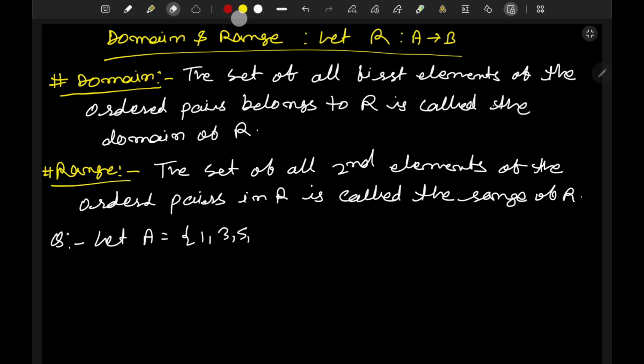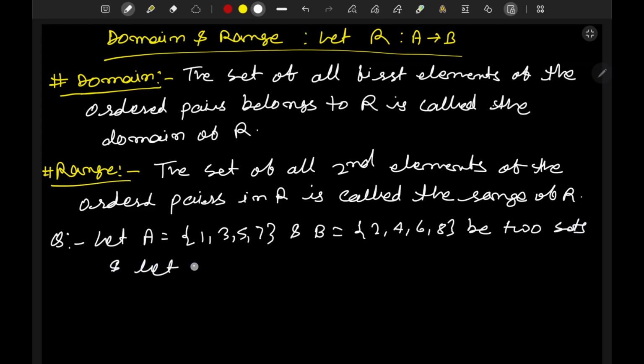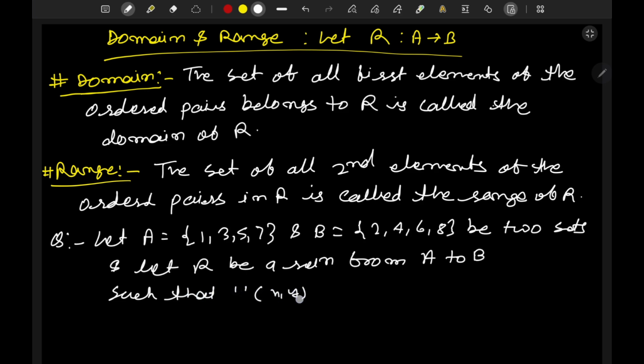Now one question: let A equal {1, 3, 5, 7} and B equal {2, 4, 6, 8} be two sets, and let R be a relation from A to B such that (x, y) belongs to R when x minus y is greater than 0.